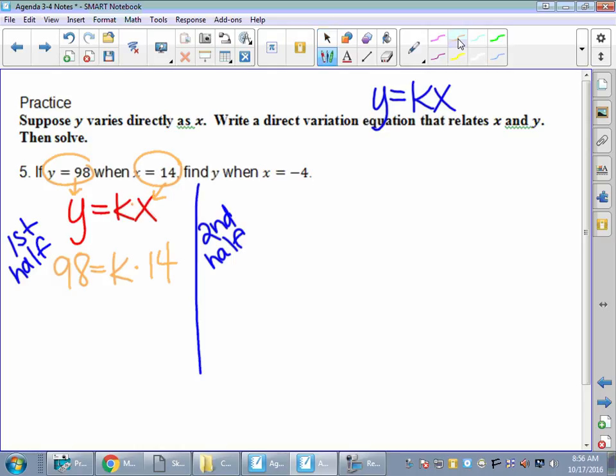If we're going to find k, because that's what that second bullet said, to find k by replacing x and y, that means I'm going to divide by 14, divide by 14, and that comes out to a nice neat number. k equals 7.